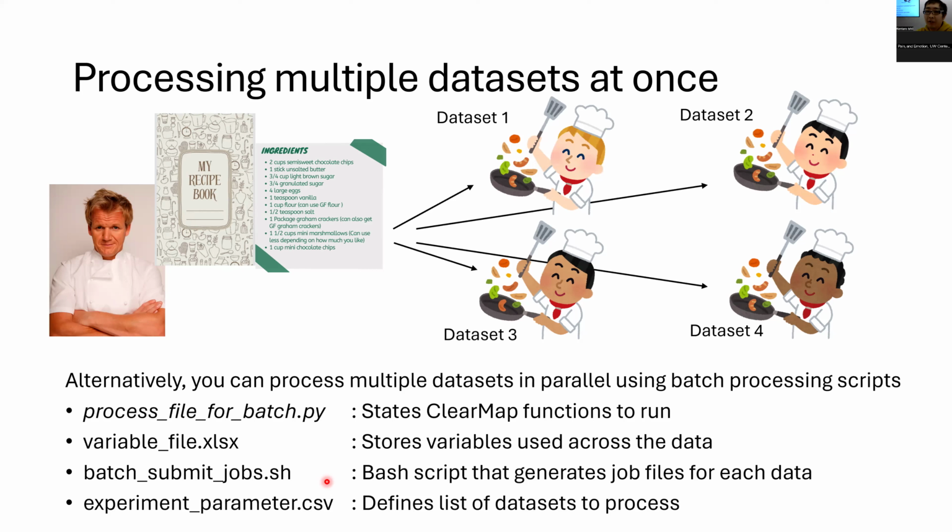So if you have 20 brains and you want to process them with the same variables, you just list them in your experiment file and submit the batch submit jobs script, and all of the necessary jobs get submitted to the computer cluster, and then you just wait. Okay.